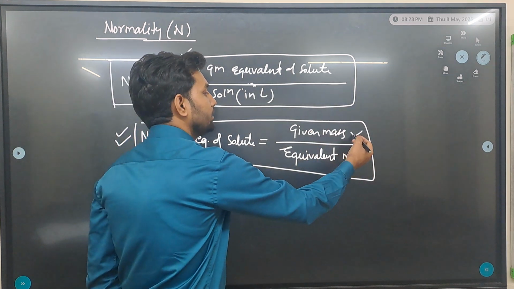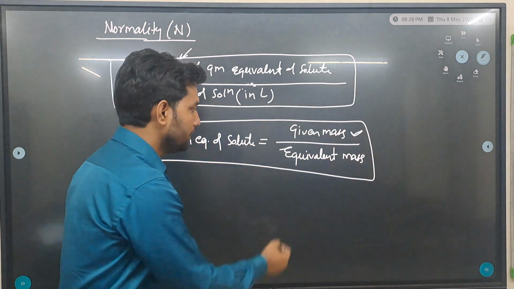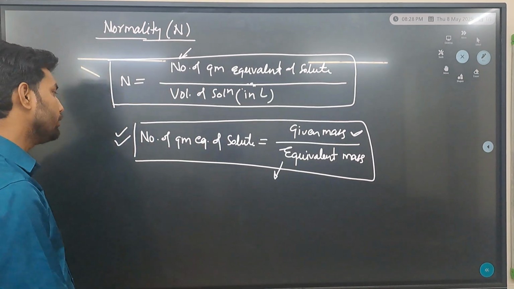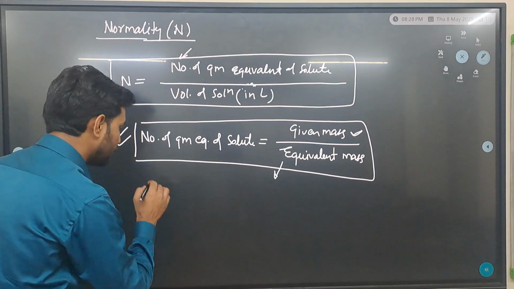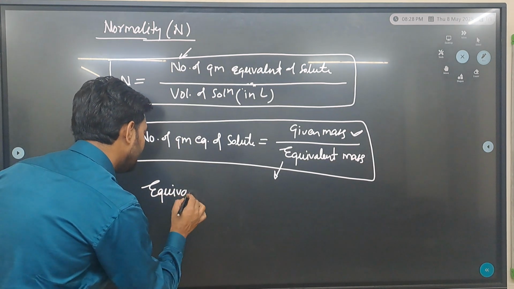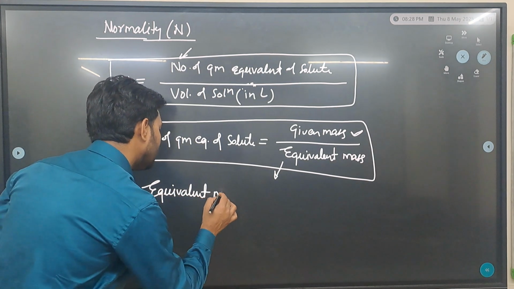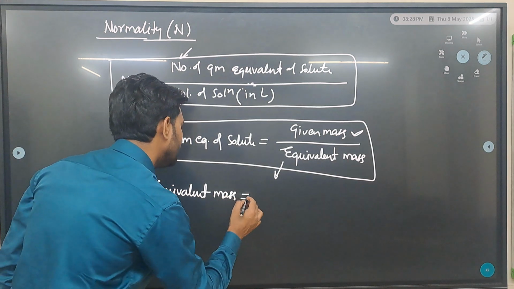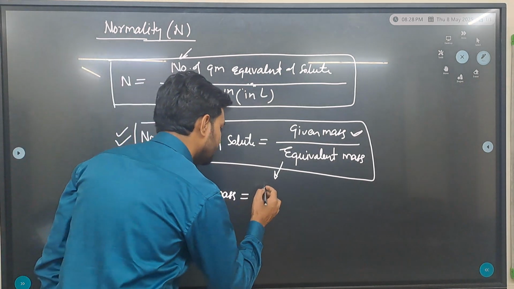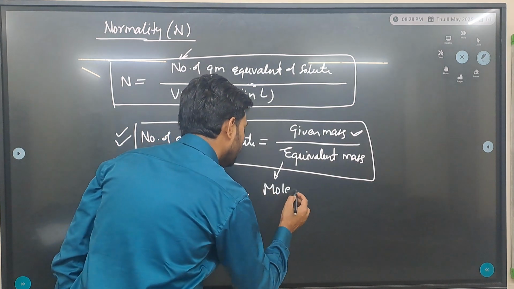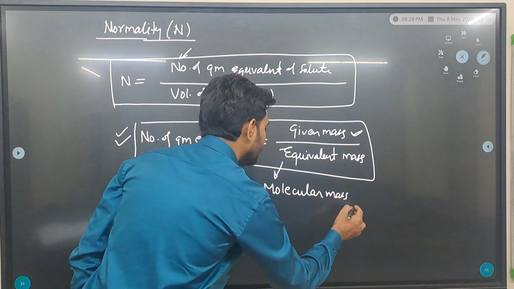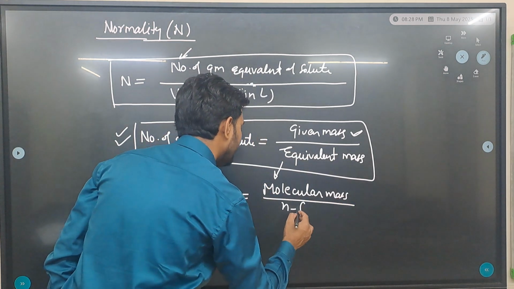The given mass will be given in the question. Then the question is, what will be the equivalent mass? The formula for calculating equivalent mass is equal to molecular mass divided by n factor.